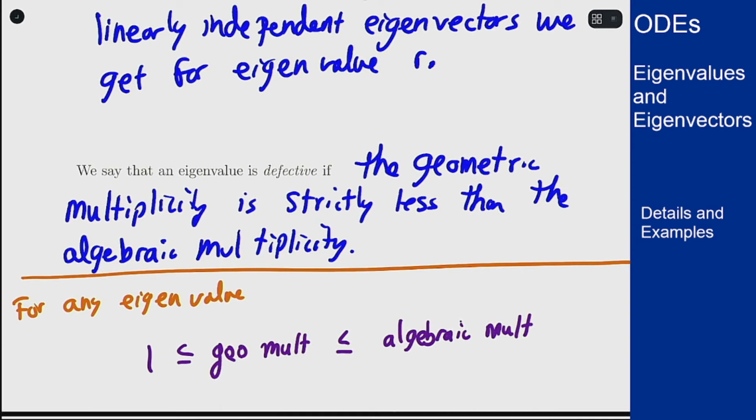For distinct roots, the algebraic multiplicity is 1, which means the geometric multiplicity must also be 1. Everything matches and we're happy. The issue is when this is a strict inequality, then the eigenvalue is deficient or defective. If it's not equal, but strictly less, that's a problem.